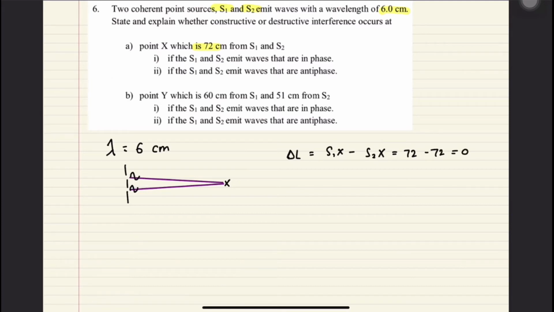So if it is in phase and when it meets over here, you will expect it to meet the same, like left foot, right foot. So when they meet, they are still left foot, right foot. So over here we create a constructive. We call this in phase constructive interference.